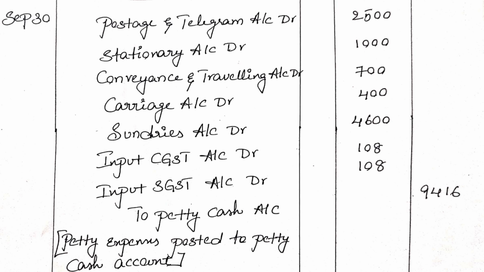Cash comes under real account. So the rule for real account is debit what comes in and credit what goes out. So the cash is going out. From where is it going out? From petty cash account. So we are crediting petty cash account. The total amount is the total payments that we have spent through petty cash account. So that will be the total amount, that is 9,416. The narration would be petty expenses posted to petty cash account.